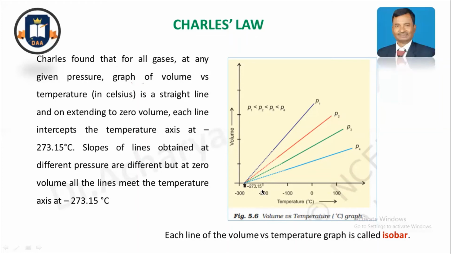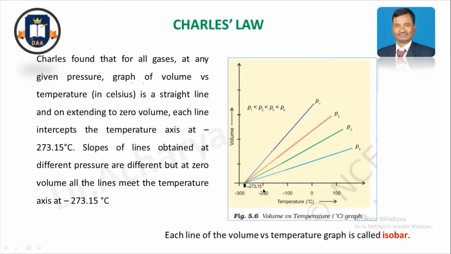We have to remember this is the experimental value, and on that basis the Charles' law derivation has come, and that number 273.15 has come from the experiment.